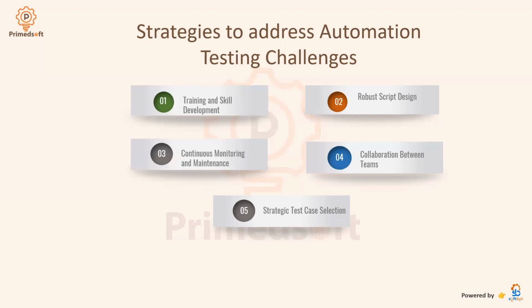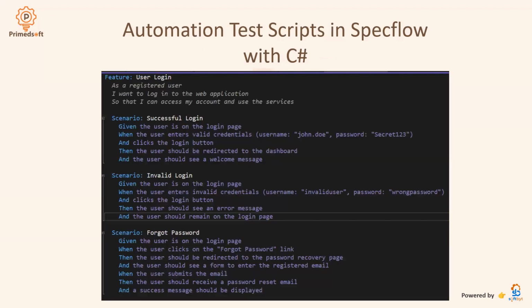Okay, so now we'll have a look at automated test scripts. We'll show you what test scripts look like, and from there we can start building up. Let's go to the next screen. Yes. Look at it very carefully.